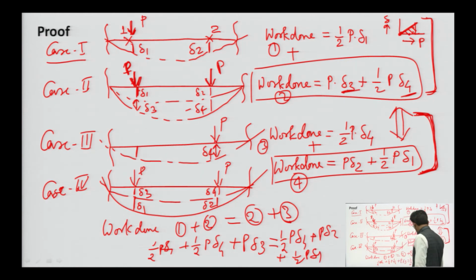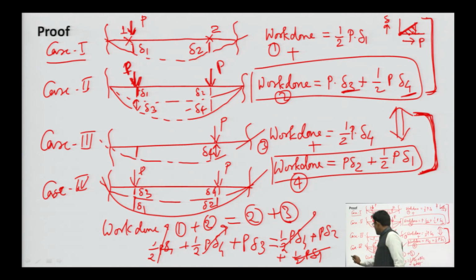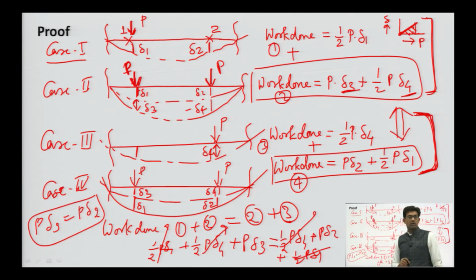Half of P into del 1 is going to cancel out, half of P del 4 is going to cancel out. Then what is the remaining thing? Remaining thing is P into del 3 is equal to P into del 2.